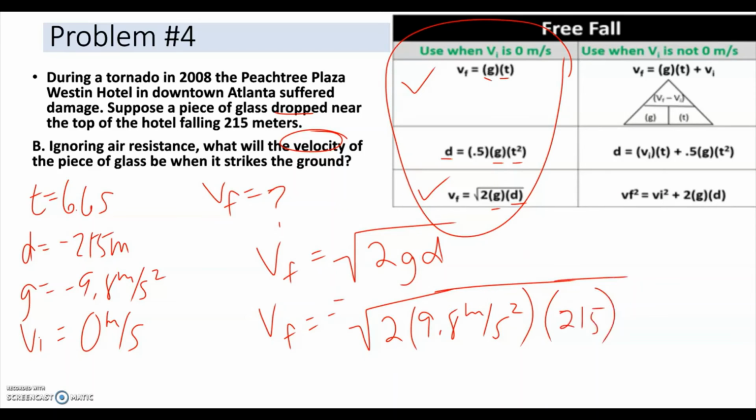Negative stays outside, so two negatives would make a positive. Even if you had left them under the square root and you multiplied first, negative times negative is a positive. So when you take the square root of 2 times 9.8 times 215 in your calculator, that is going to simplify to be 64.9 meters per second because we were looking for a velocity.